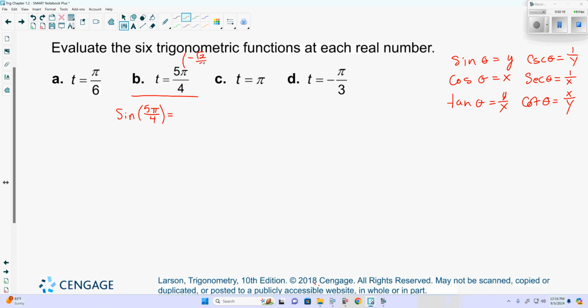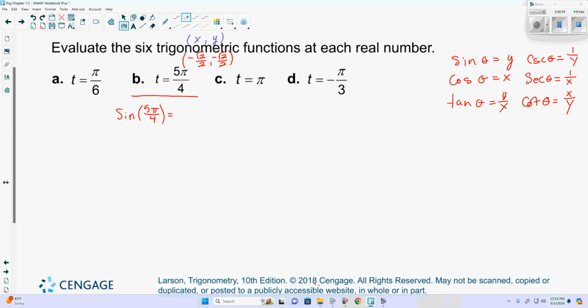So we have the point negative square root 2 over 2, comma negative square root 2 over 2 for our 5 pi over 4. Yes? Now this point is denoted, we're used to it being x, comma y. So the corresponding x value is negative square root 2 over 2. Y is also negative square root 2 over 2.